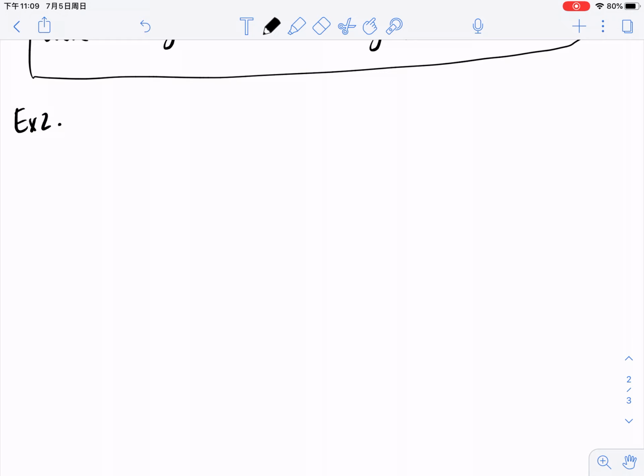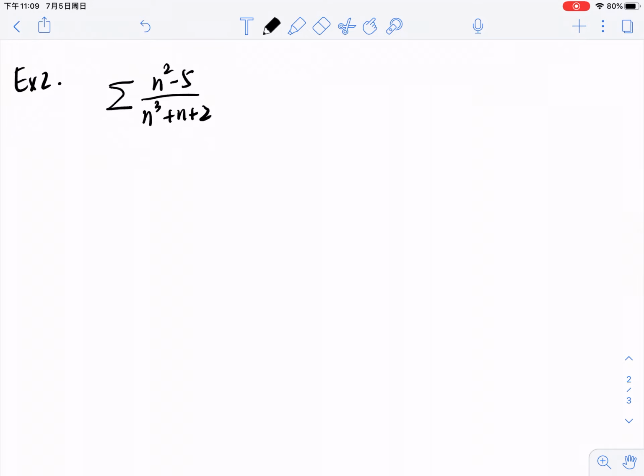Determine if this series converges or diverges: n squared minus 5 divided by n cubed plus n plus 2. So for this series, an is n squared minus 5 over n cubed plus n plus 2.